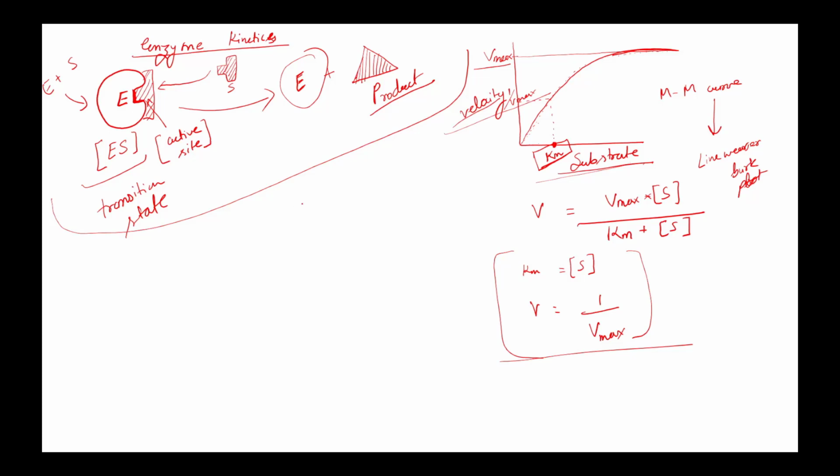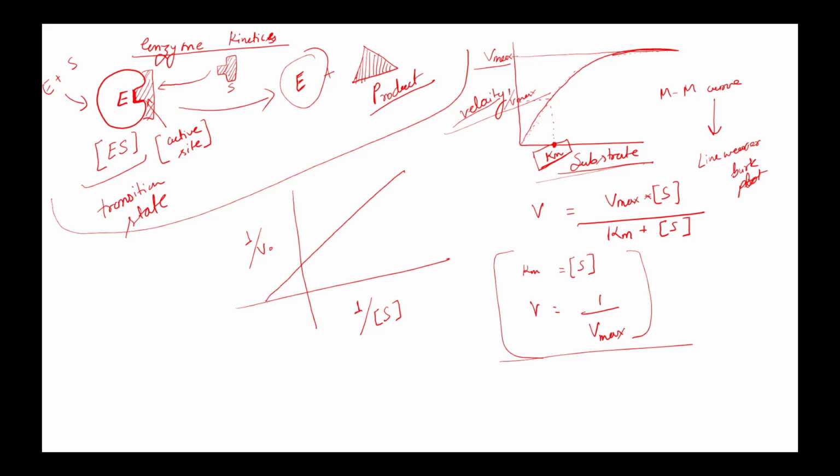So the reciprocal of substrate and the reciprocal of velocity are plotted, and using this we get a linear line. Using this linear plot, it is now very easy to estimate the Vmax.